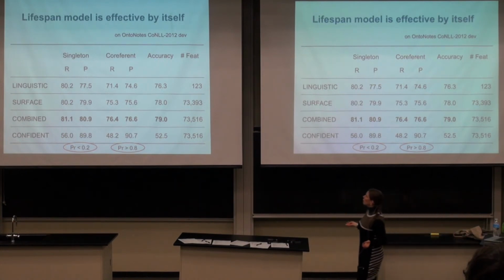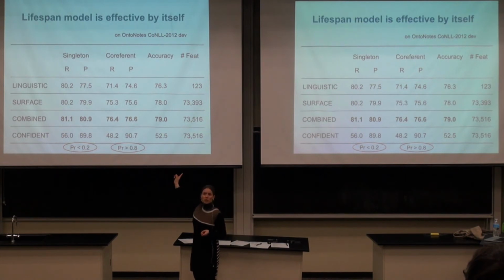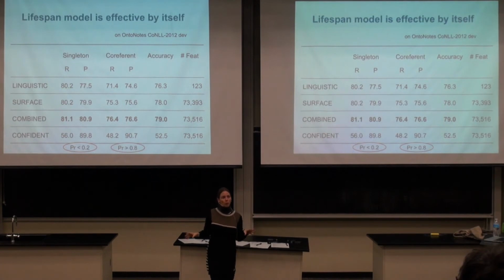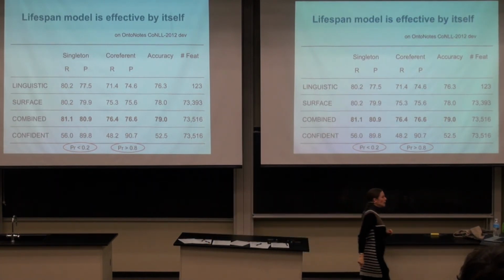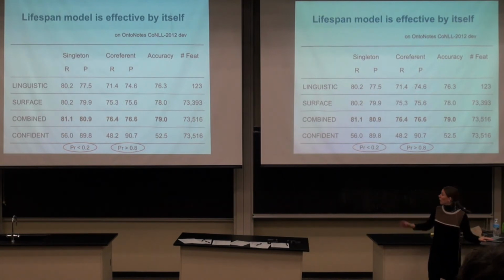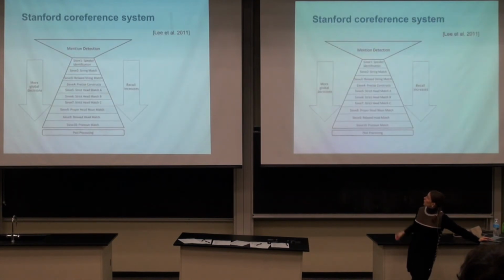Of course, recall drops a lot and precision gets better. This is what we want for the Stanford system, because it is precision driven. Now we have a precision of almost 90% both for coreferent and singleton, and we're going to use this system to try to help the Stanford coreference system.